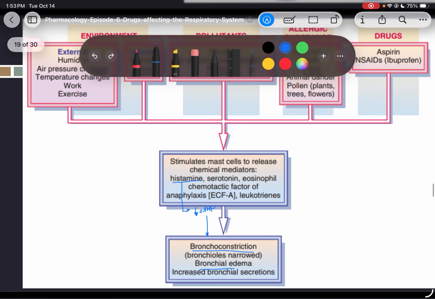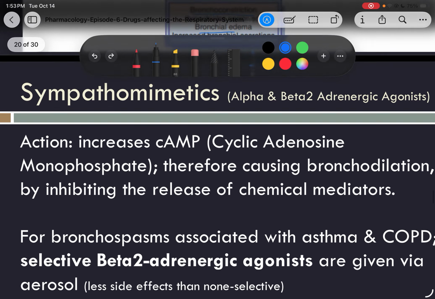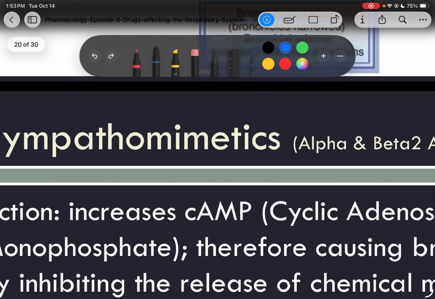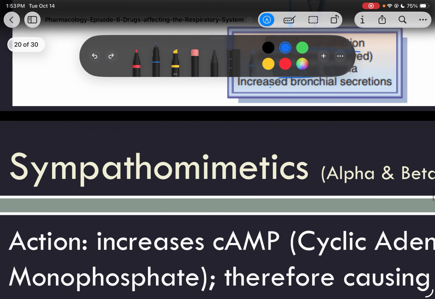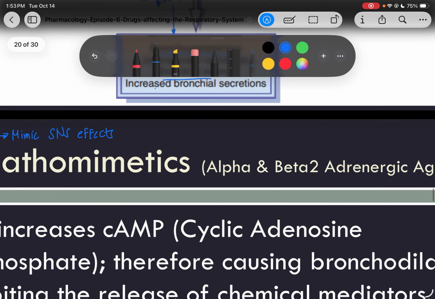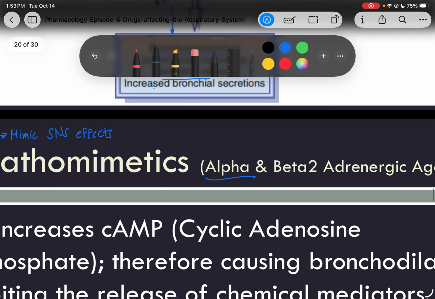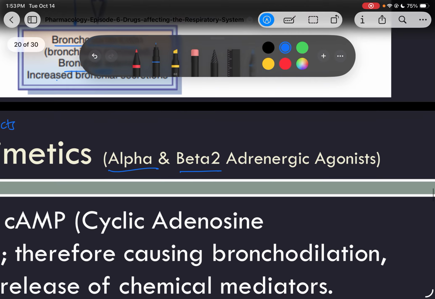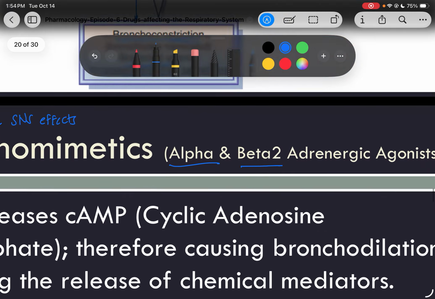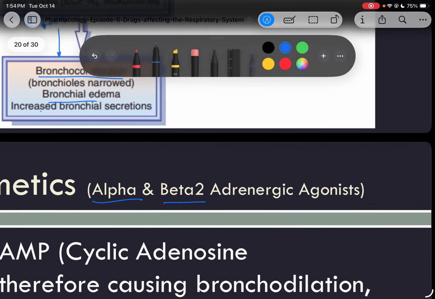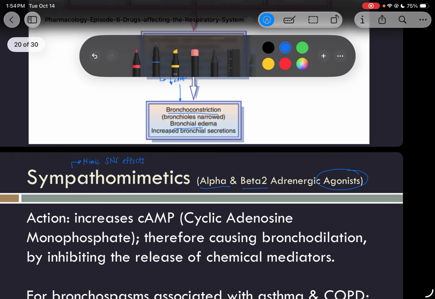Let's talk about our first drug classification. First we have our sympathomimetics. When we say sympathomimetics, class, they will mimic sympathetic nervous system effects. Specifically, what we are talking about here is an alpha and beta-2 adrenergic agonist, not antagonist, so they are not blockers.